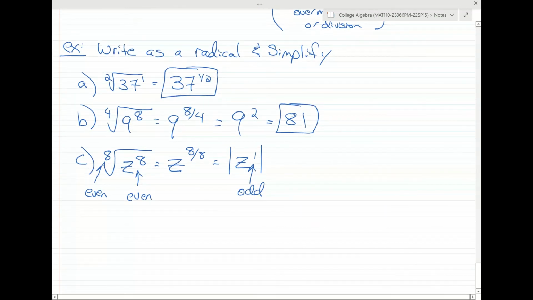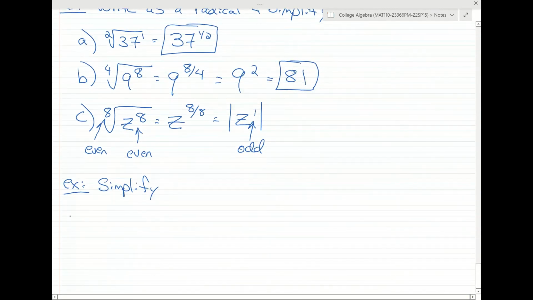A couple more types of problems, and that'll be it today. Ask you to simplify. Let's say if we had 3 to the 1/2 times 3 to the 1/3.